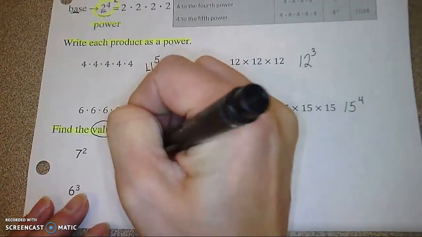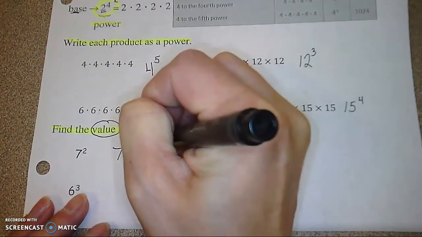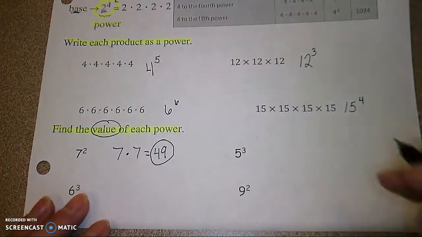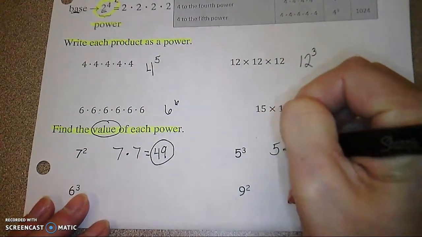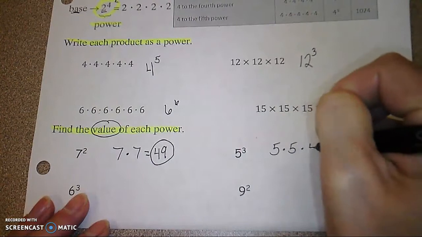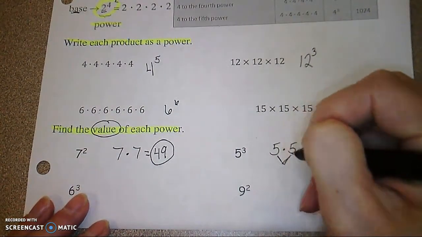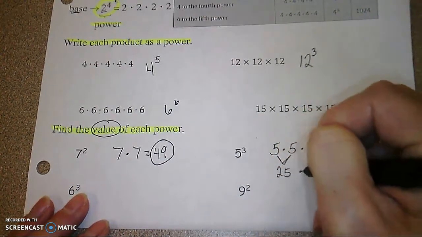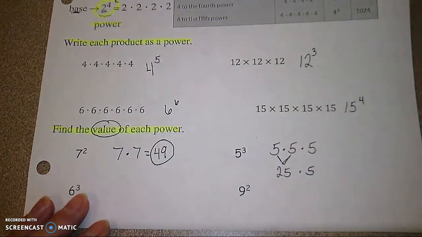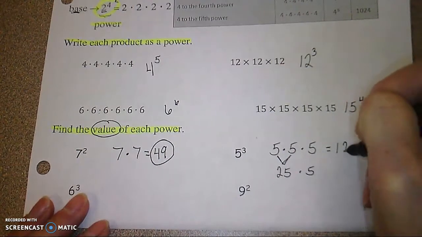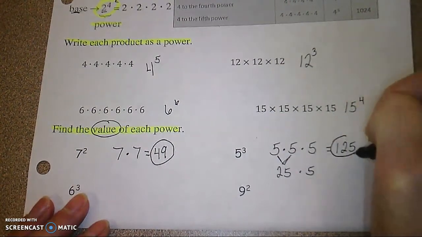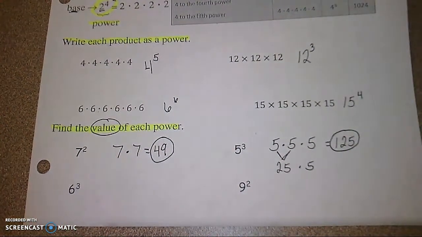And then I'm just going to find the value. 5 to the 3rd power, I'm going to write that out as 5 times 5 times 5. Okay, and then I can kind of lump these together and think, well, that's 25, and then multiply by 5 again. 125. Go ahead and pause the video and try the next two for me.